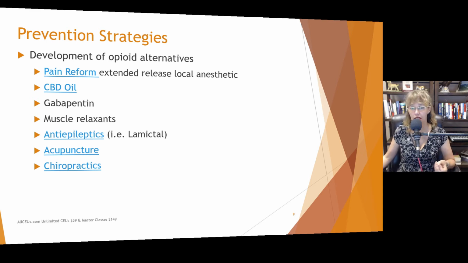Anti-epileptics like Lamictal are another class of medications that have shown some promise in pain management other than opioids. Acupuncture has a lot of research behind it for helping address pain, especially chronic pain, and multiple different types of chronic pain. If you go to PubMed and you type in acupuncture and pain, you will come up with literally hundreds of articles.